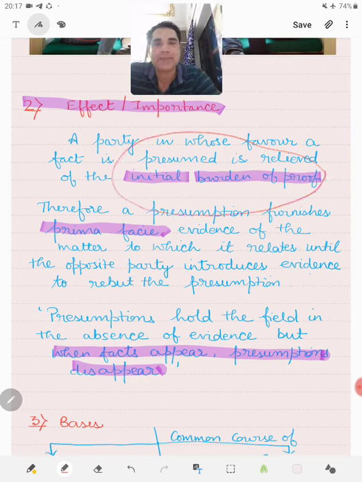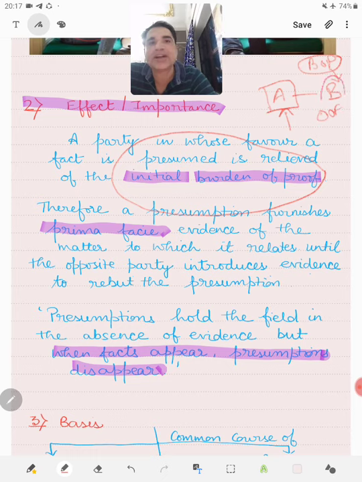That is, suppose there are two parties, party A and party B, and a presumption is drawn in favor of party A, then the burden of proof, rather the onus of proof, now shifts to party B. So the party in whose favor a fact is presumed is relieved of the initial onus of proof. The burden of proof shifts to the other party. So it acts as prima facie evidence of the matter.